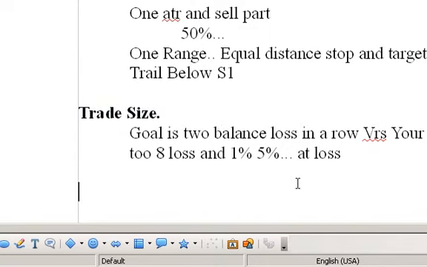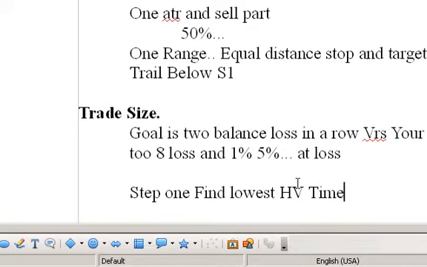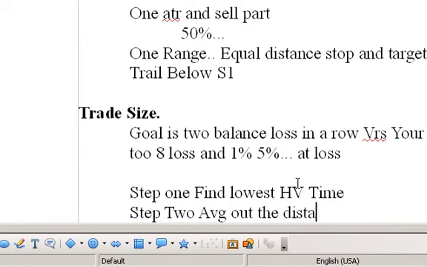All right. Now, the trade size, when we come in here and start to look at this, step one, find the lowest HV time. Step two, average out the distance between R and S at that time of day.